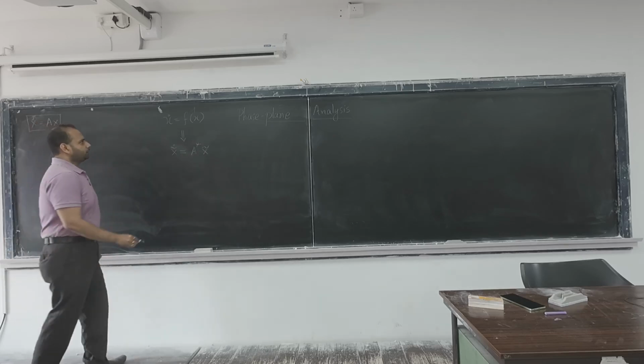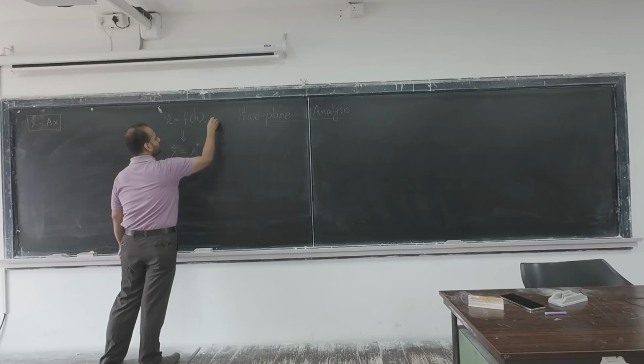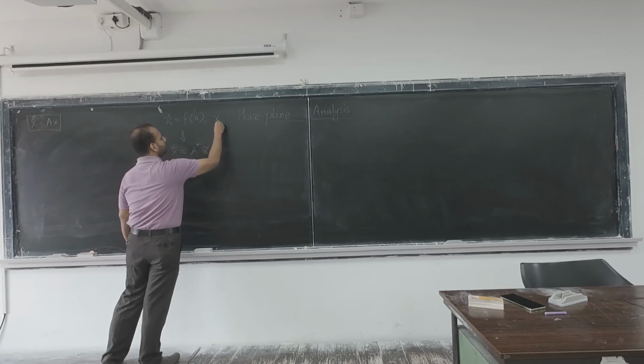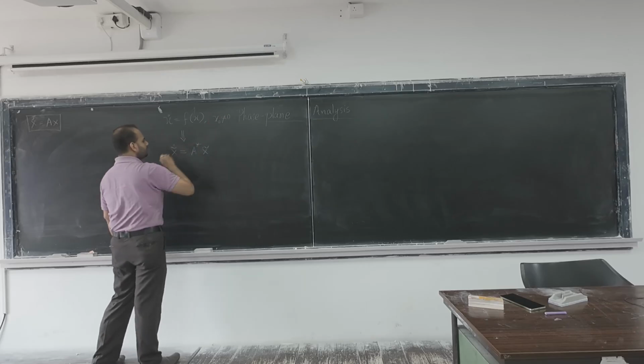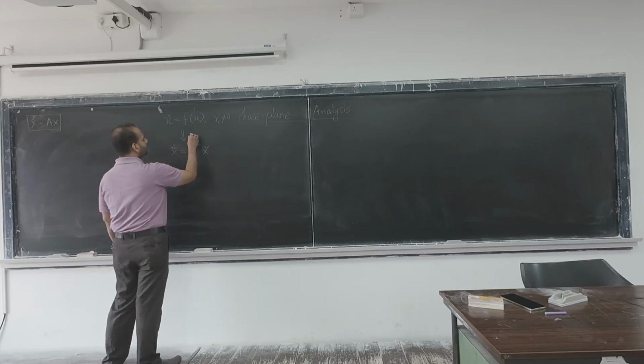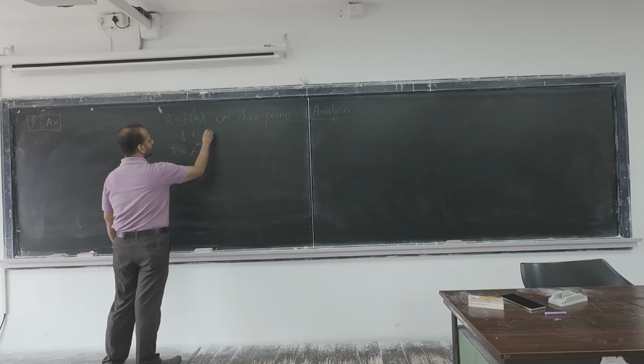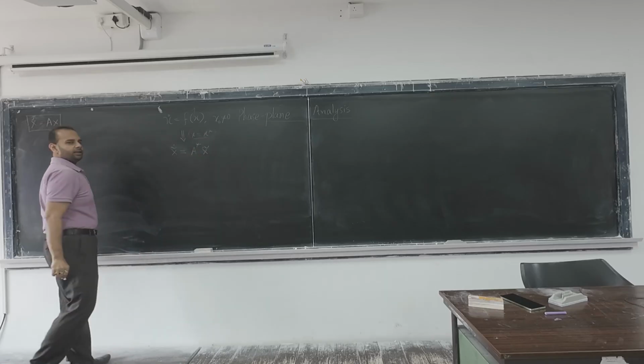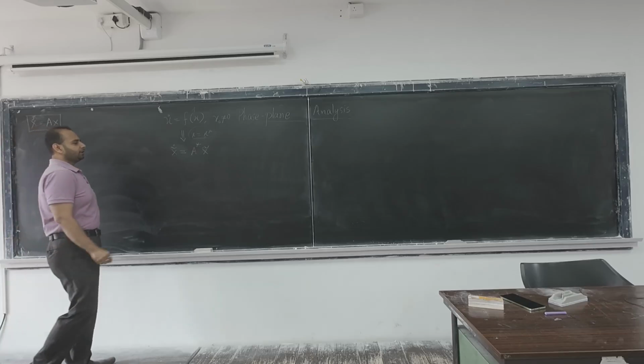So this is the original nonlinear system. This is the linearized one with respect to an equilibrium point, suppose x equals x star.